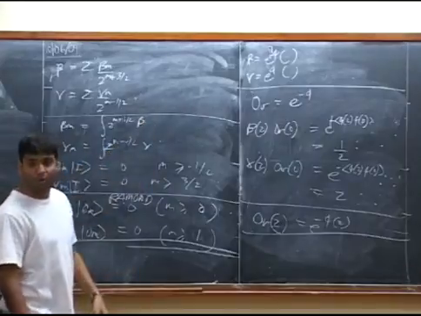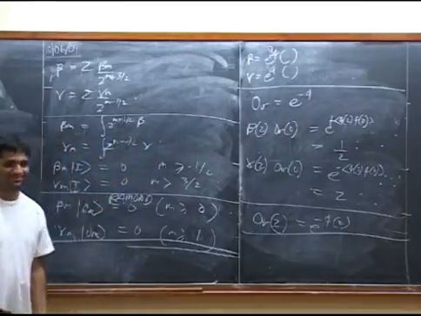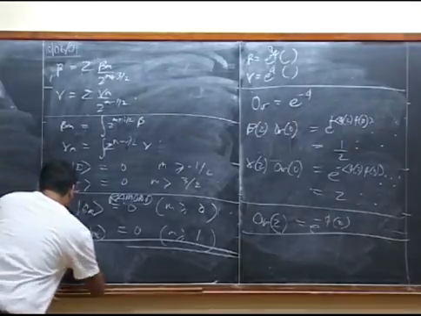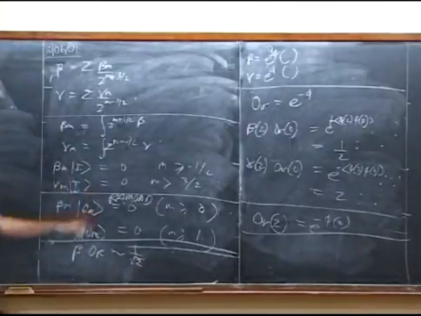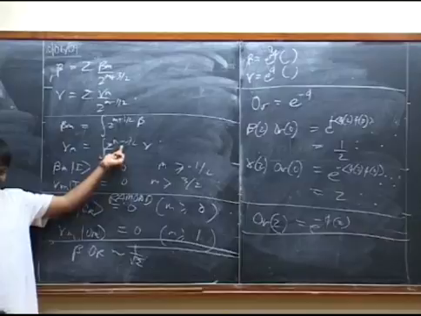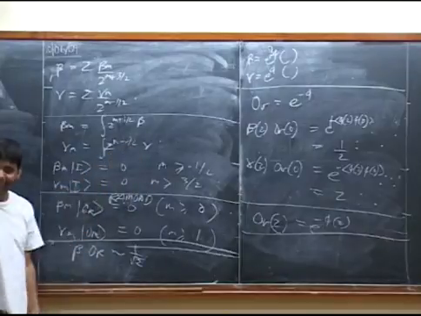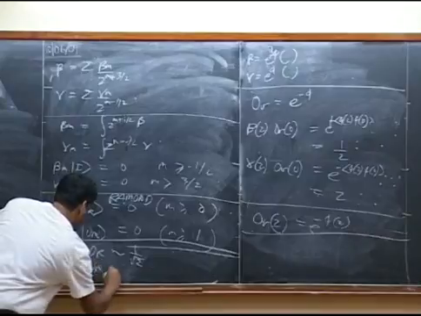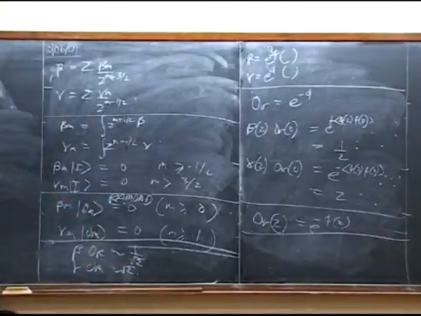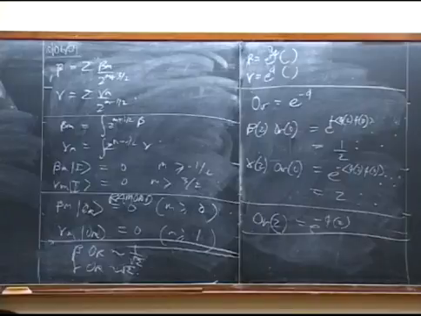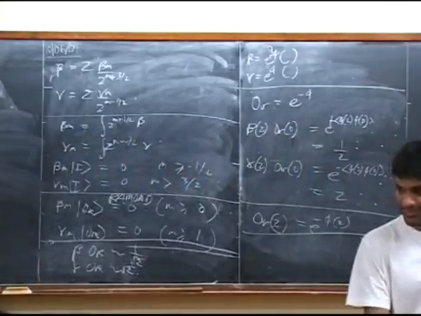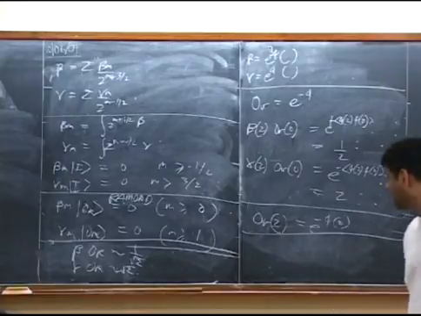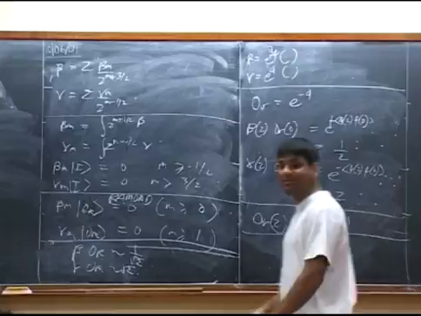So we want beta times OR to be of order 1 by square root z. And we want this to vanish for n greater than or equal to 1, so we want to make minus 3 halves minus 1. So if gamma times OR was order square root z, then these two will work. So you see, the operator for the Ramond vacuum should have OPEs: beta with OR is 1 by square root z, and gamma with OR is square root z.